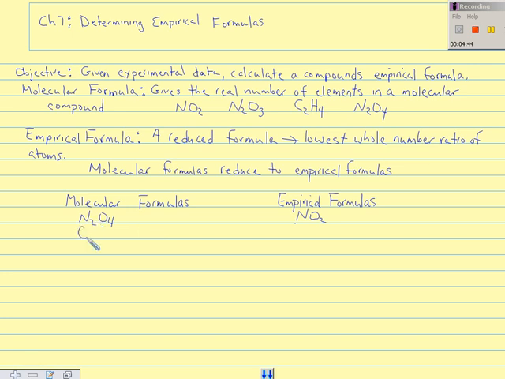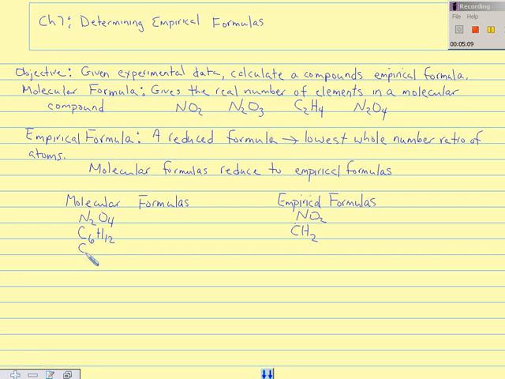Let's say we had C6H12. This is called hexane. You can actually buy it in a hardware store. We can divide both of these by 6. So our empirical or reduced formula would be CH2.